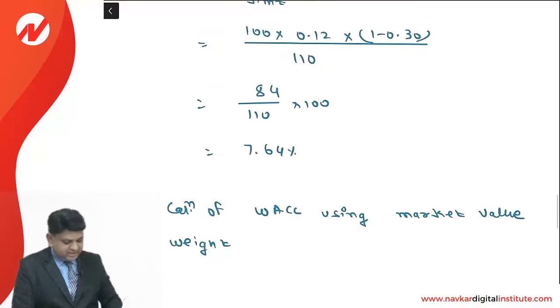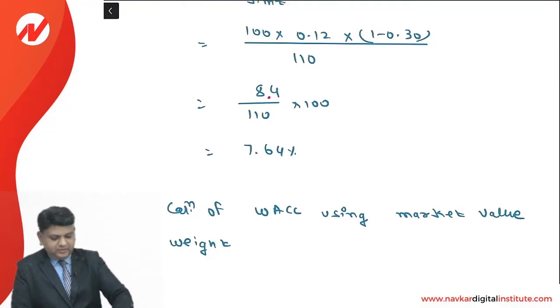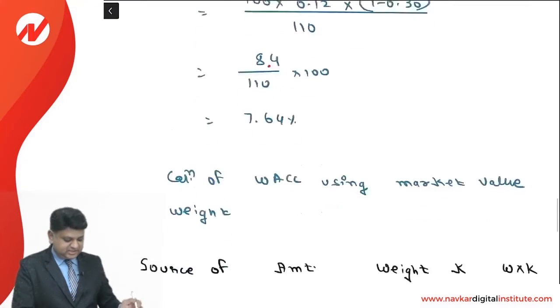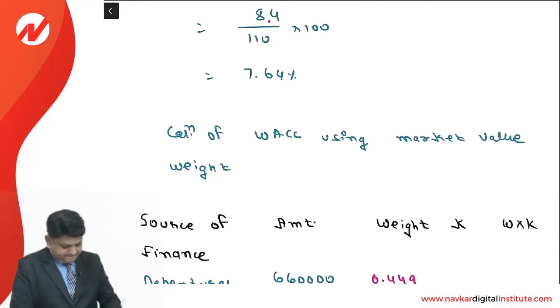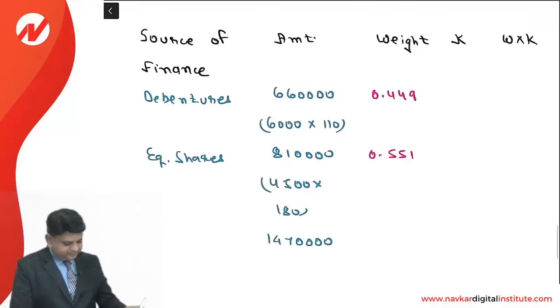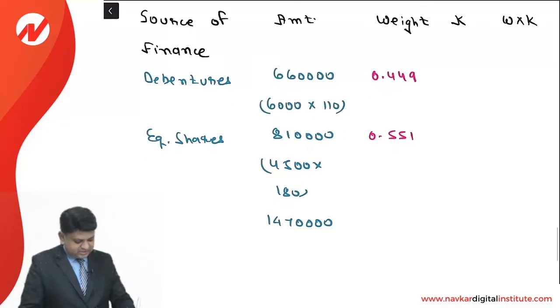Friends, over here it is 8 rupee 40 paise because 12 into 0.7, so 8 rupee 40 paise into 100 divided by 110, that is 7.636. This is 7.636.